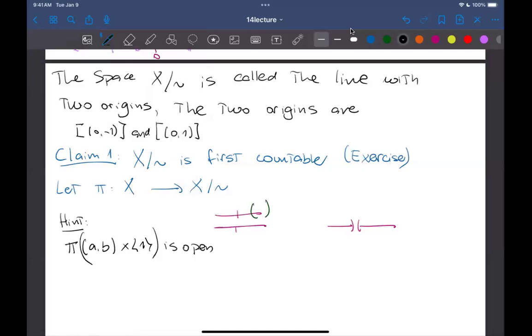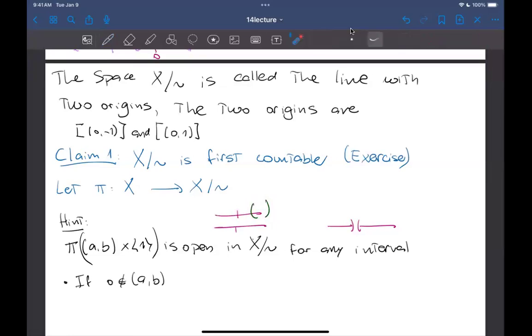It's always open in the quotient, and that's for any interval. Now, the reason behind this, you have to consider two cases, because in one case, your (a, b) cross 1 will not intersect 0.